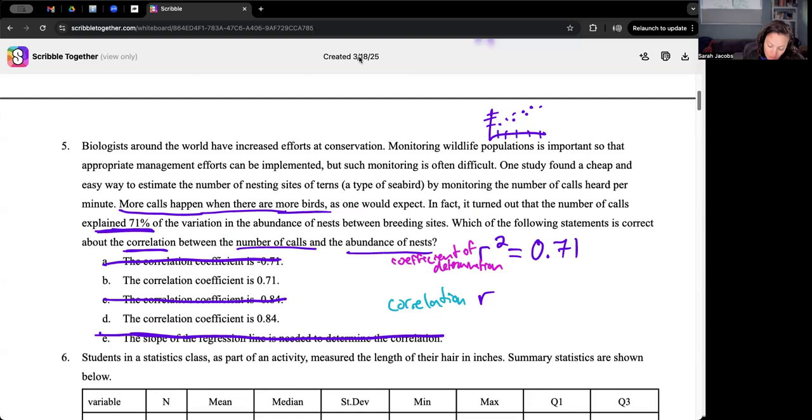Okay, so if R squared is 0.71, we just have to square root that. And the square root of 0.71 is not 0.71, right? It's got to be 0.84, and it is. So that's why our answer is D. Cool.